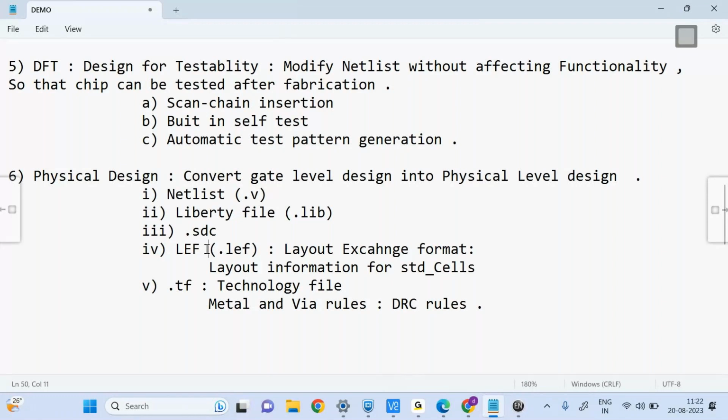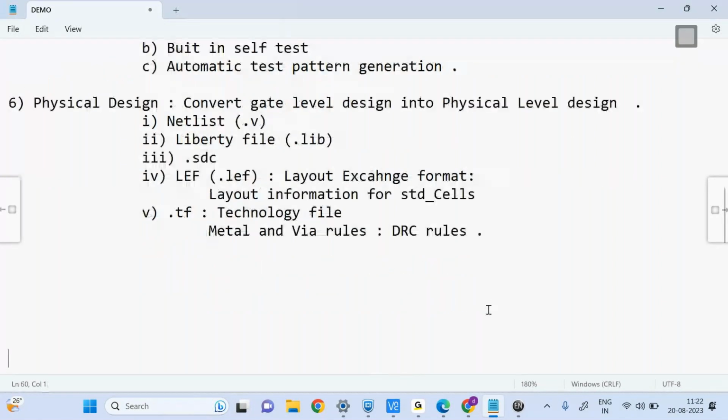So by taking all this information, we end up with these steps: partitioning, floor planning, placement, CTS, routing. These are all the steps which we use in physical design.